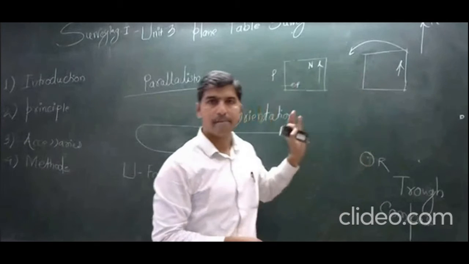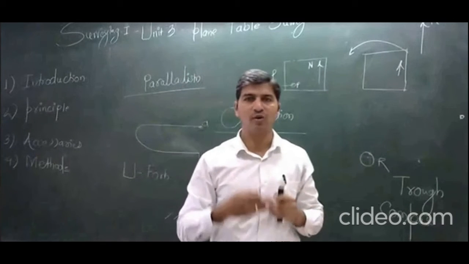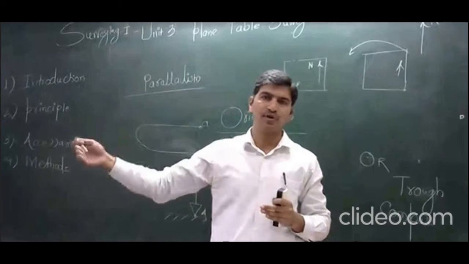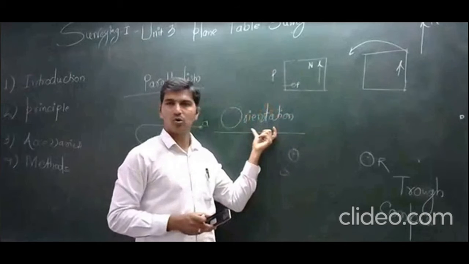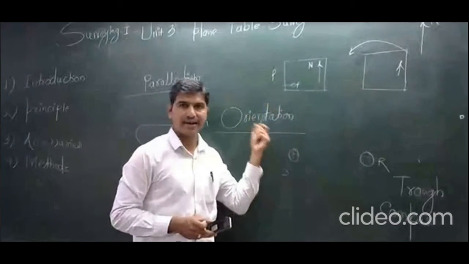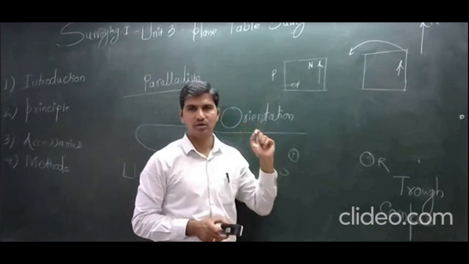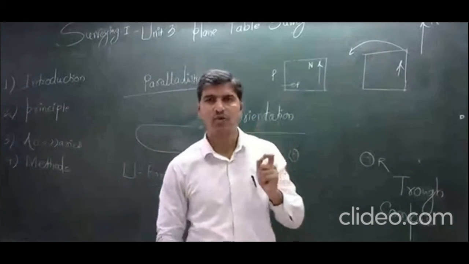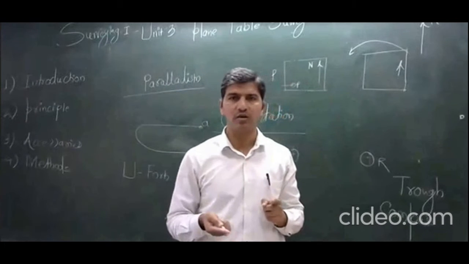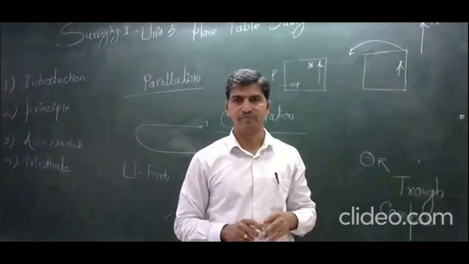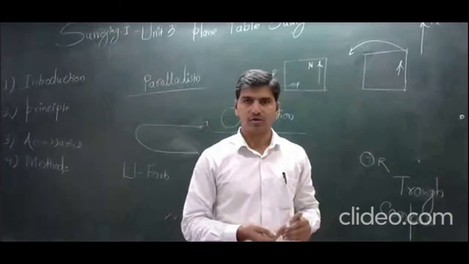This is called parallelism. All the time, when you shift your instrument from one point to another point, first complete the orientation. Unless and until you complete the orientation, whatever work you do will not represent the work actually on the ground, or it may contain some kind of errors.